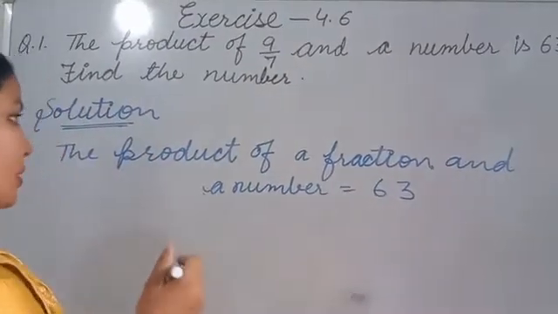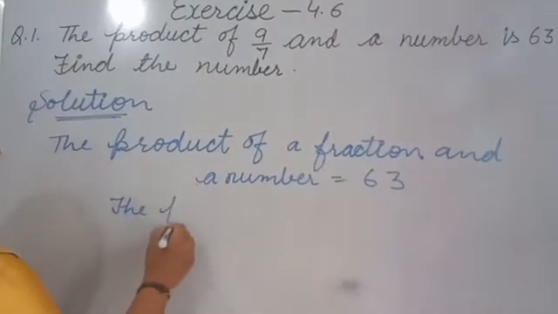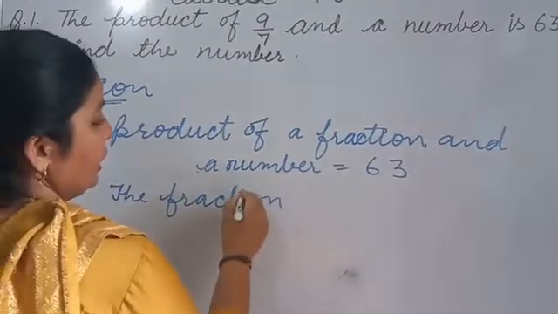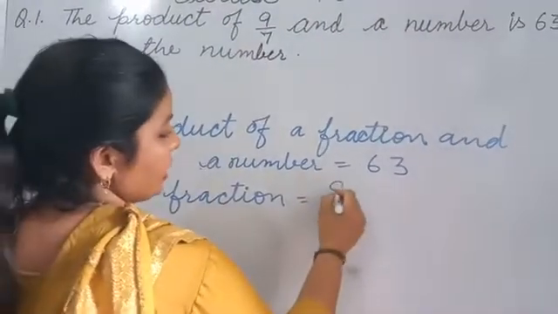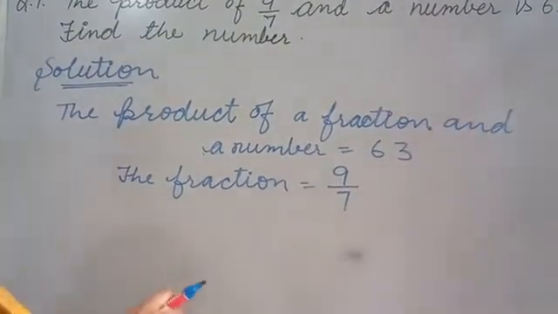Now the fraction equals 9 upon 7. The fraction is given to you, 9 upon 7. Now you have to find the number.